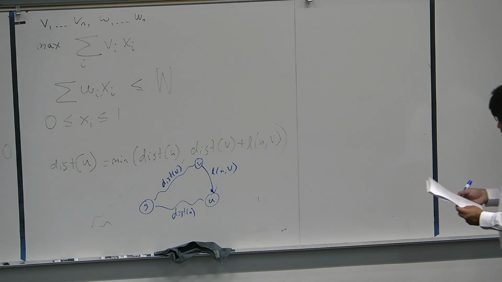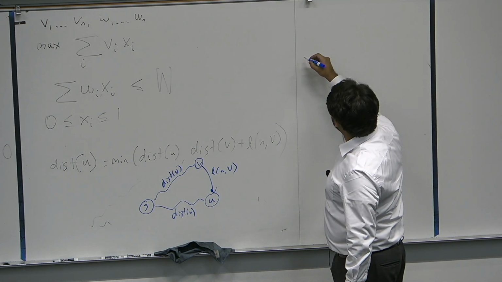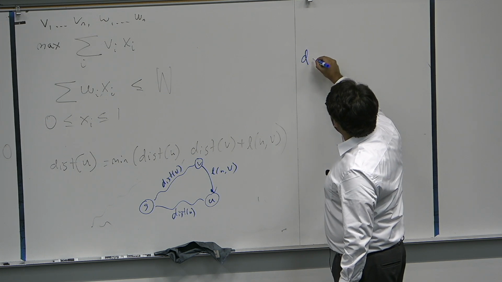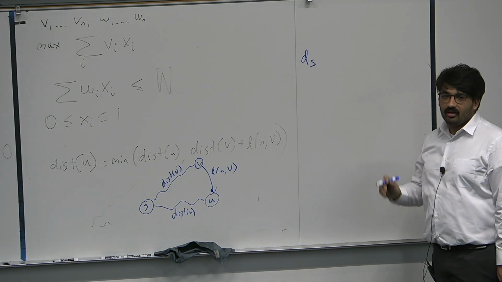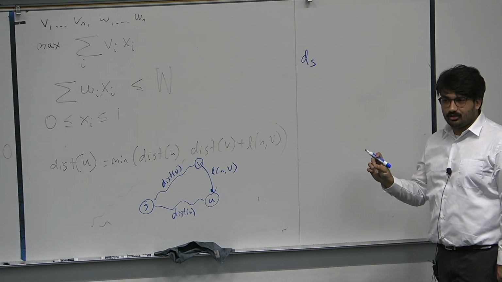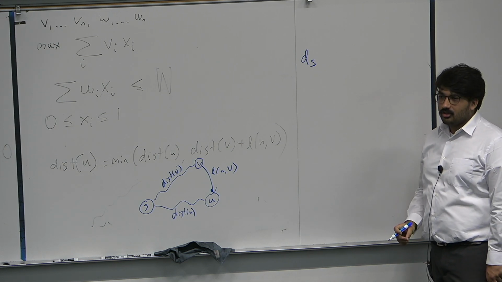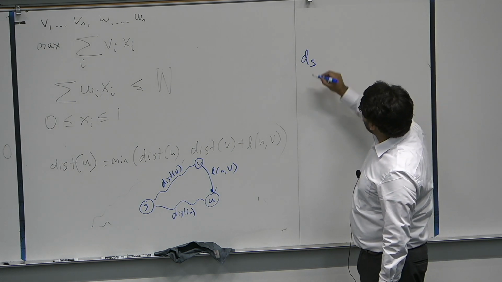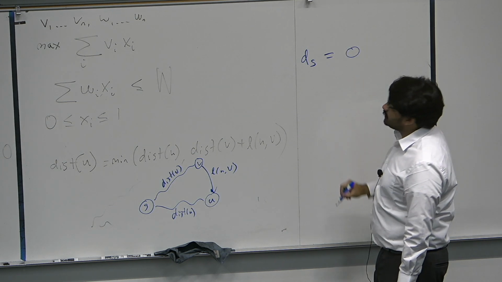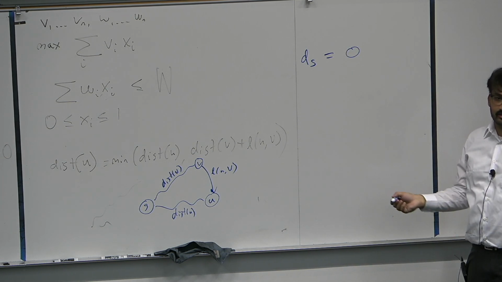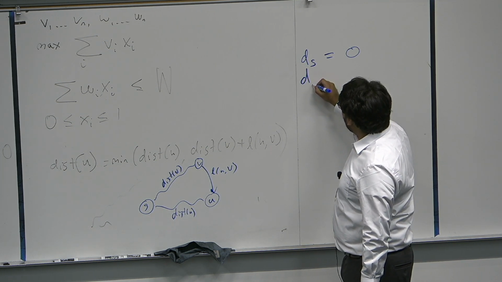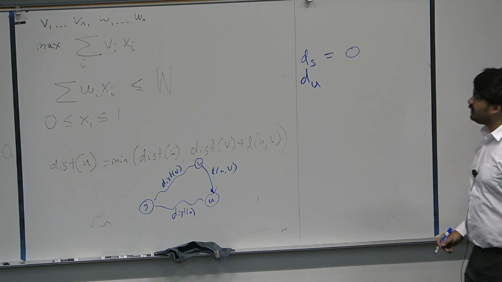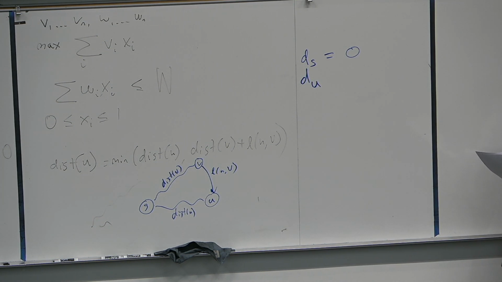So for each v, we could have the constraint, let d_v be the shortest current path from S to that specific vertex. We would want, for example, d_s to be 0, because the shortest path from S to S is itself. But let's suppose we wanted something else. What kind of constraint could I give on d_u for some u?